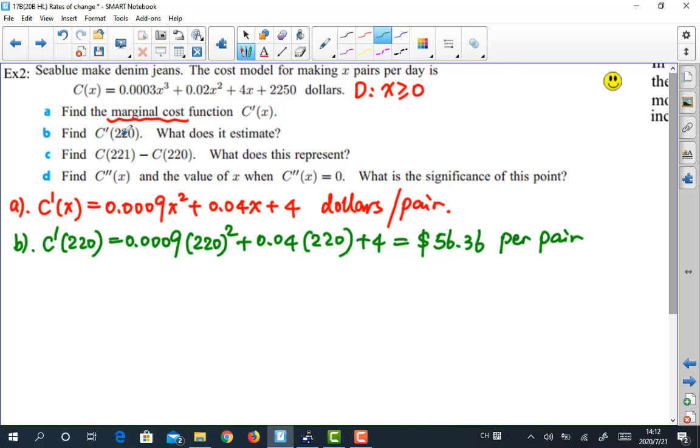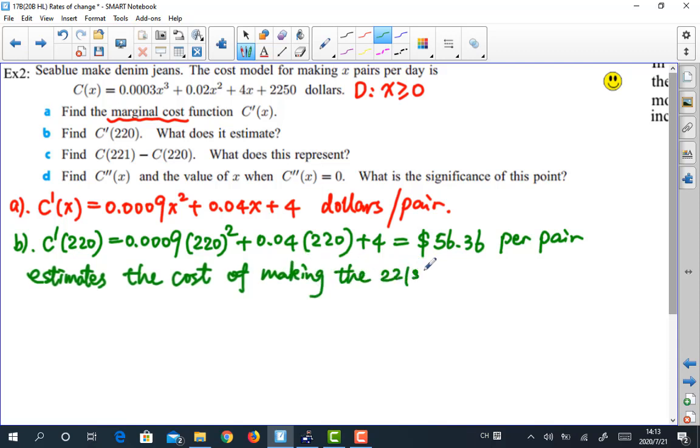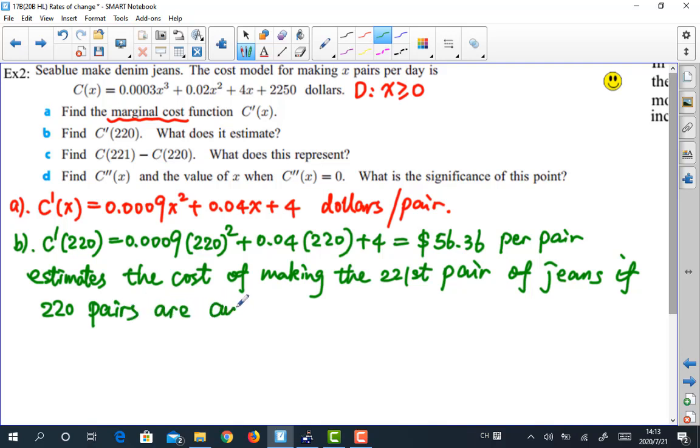So what does C prime 220 estimate? This value estimates the cost of making the 221st pair of jeans, if 220 pairs of the jeans are currently being made.